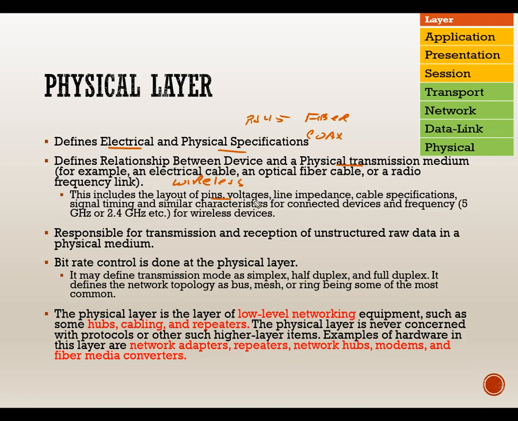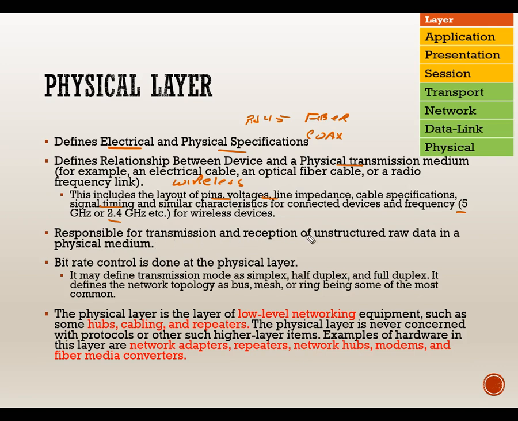The layout of the pins, the voltages, the line impedance, cable specifications, signal timing, similar characteristics for connected devices, the frequency, whether we have 5 gigahertz or 2.4 gigahertz, or in today's world both for the wireless devices. What frequencies are we going to use?